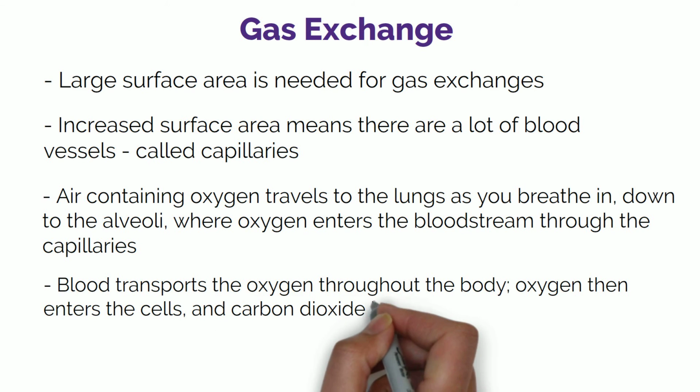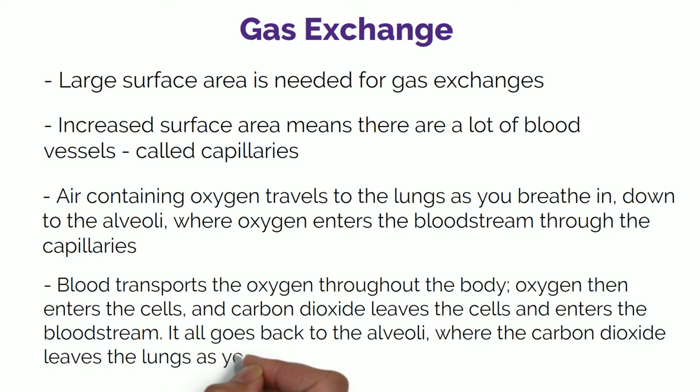The blood then transports the oxygen and spreads it throughout your body. When oxygen is spread through the body, there is an exchange. Oxygen enters the cells from the bloodstream, and carbon dioxide leaves the cells into the bloodstream. So when you exhale, the blood flows into the capillaries in the alveoli, and the carbon dioxide leaves your body as you breathe out.